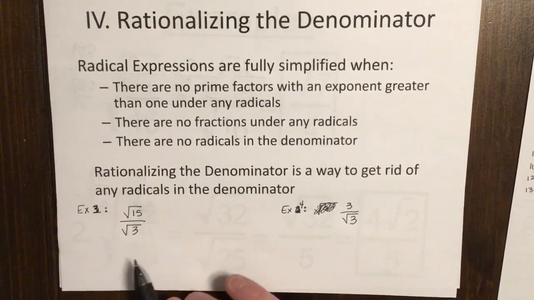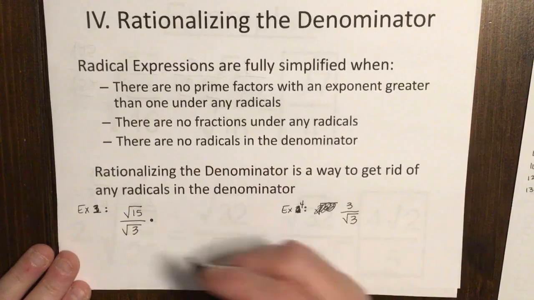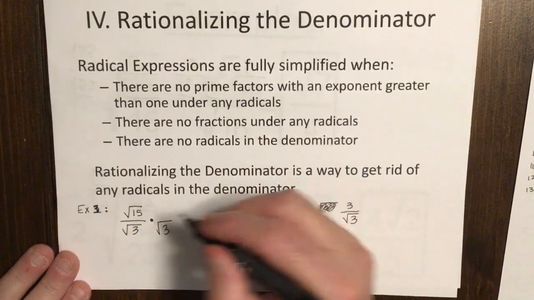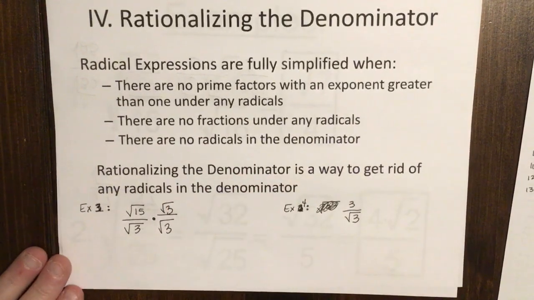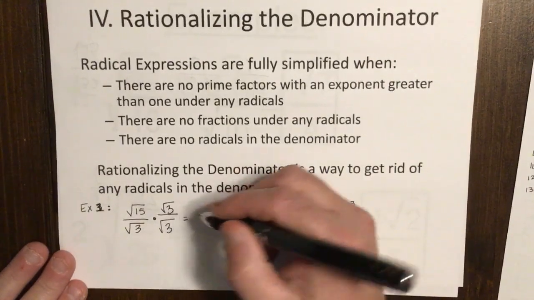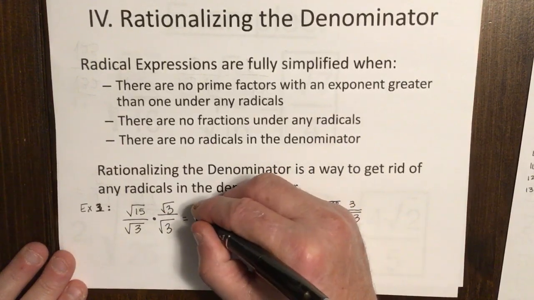So what you must do is you must take and you must multiply the radical that you have in the bottom, just like so. All right? Everybody understand? Then you multiply that out. 15 times 3 is 45.